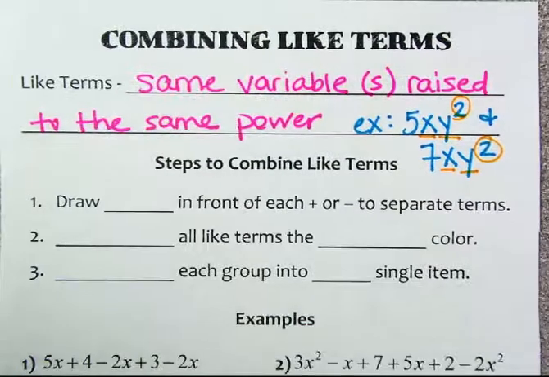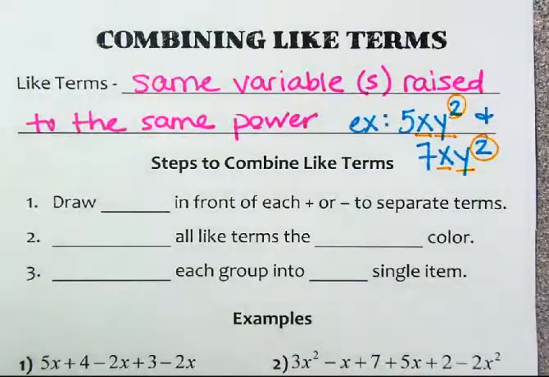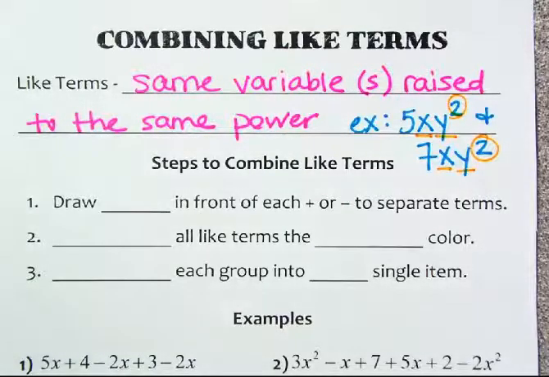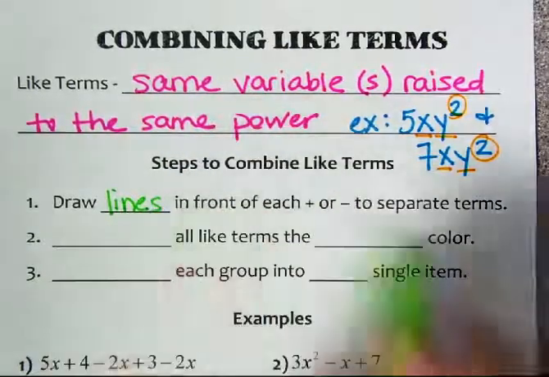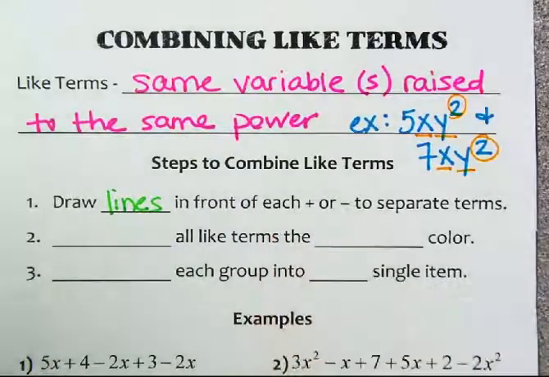Alright, so we have some steps that can help to combine like terms, because sometimes as these expressions get really long, it's really hard to find all of the like terms. So this is what we're going to be doing each time we combine like terms. Step one is to draw lines in front of each plus or minus sign to separate the terms.